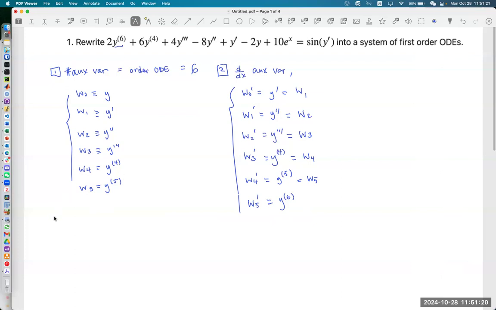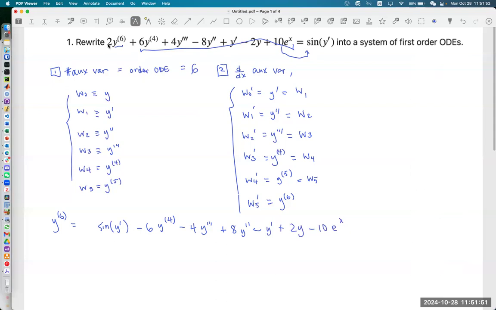So to rewrite it, we have y to the 6th is equal to, bringing everything to the right, sine of y prime minus 6 y 4 minus 4 y triple prime plus 8 y double prime minus y prime plus 2y minus 10e to the x.